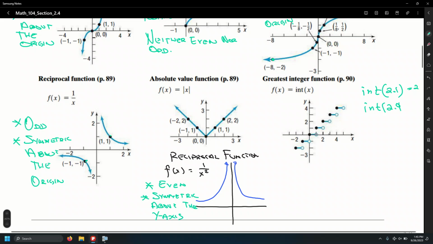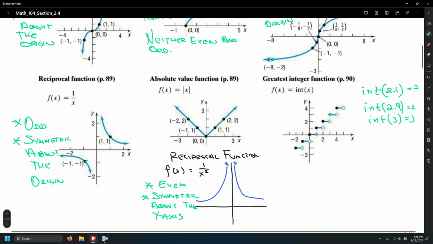So if we go to 2.9, what is the y value? Also 2, right? Now if we go to 3, well, it goes all the way to 3 because that's a new integer, and notice how we have a full bubble in this case.